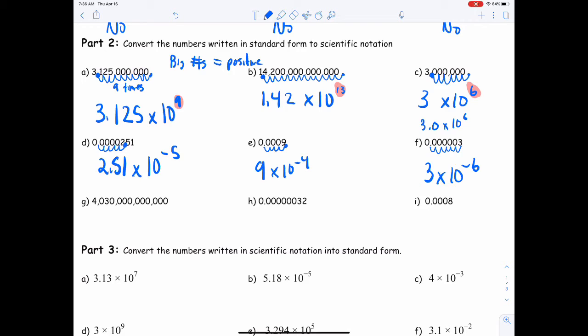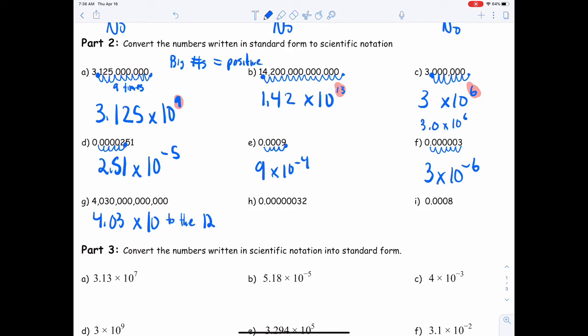All right, so for G, if you're doing this on a Google Doc, maybe you wrote down 4.03 times 10 to the 12, like in words. That's okay. If you took that note and you're actually doing it with the equation format, that's cool too.